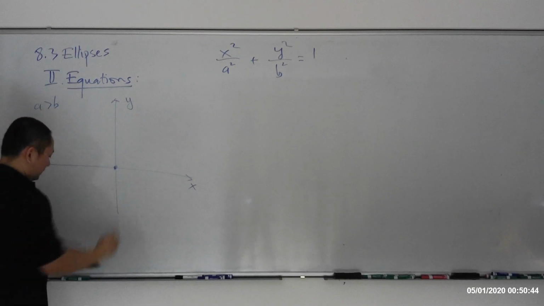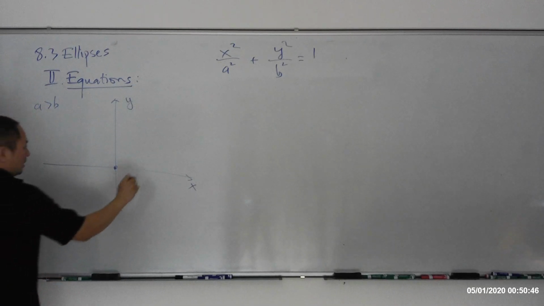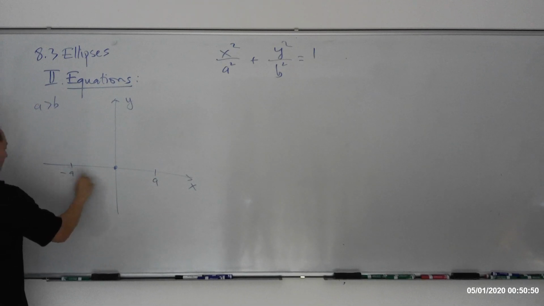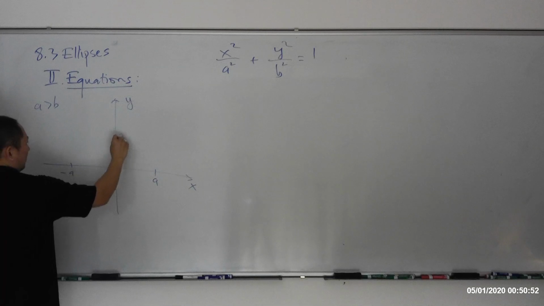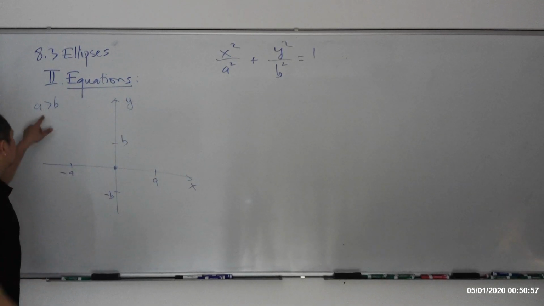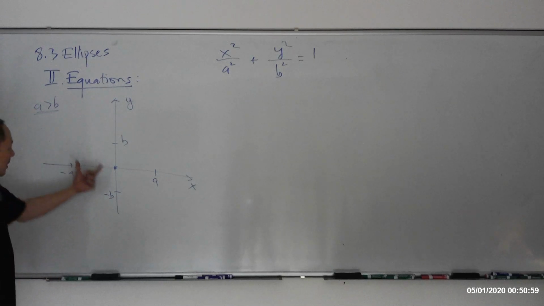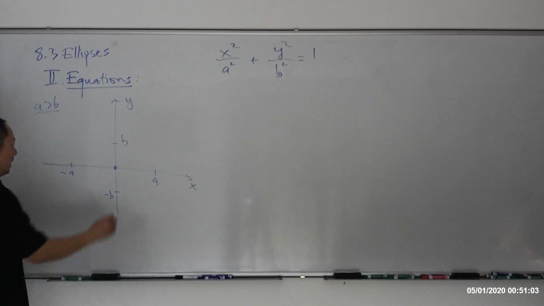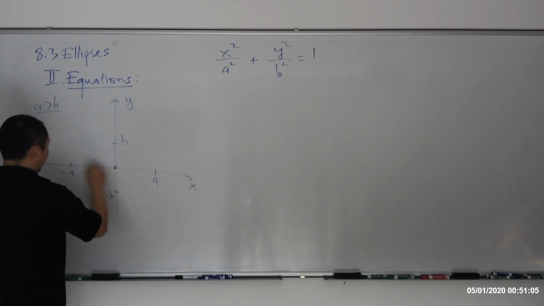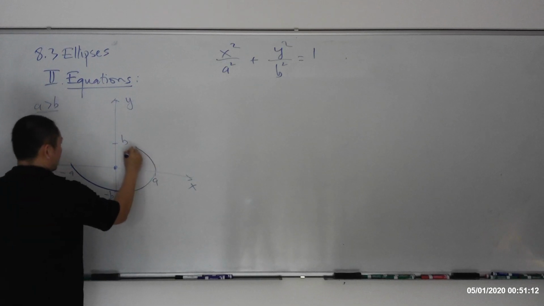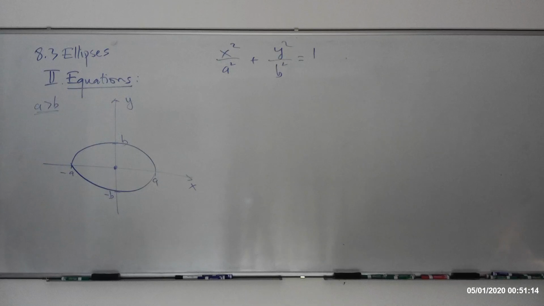From the center, from the origin, let's go to the right a units, go to the left a units, so this is negative a, positive a. Go up b, go down b, so we've got b and negative b. Since in this case a is bigger than b, you go left or right further than you go up and down. Those 4 points are the vertices of the ellipse, and your ellipse is going to be like this.